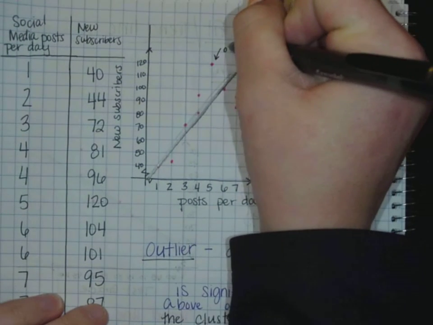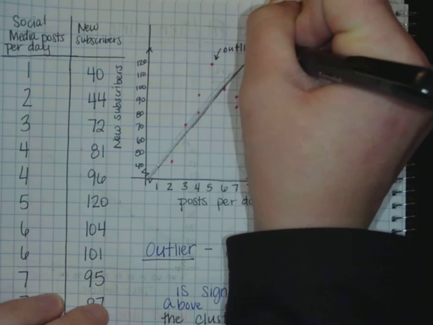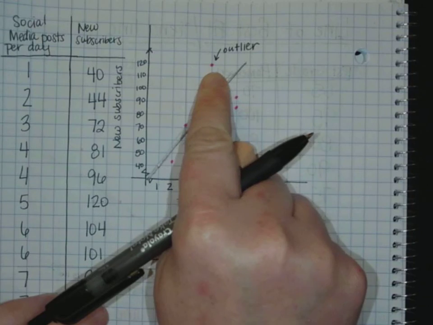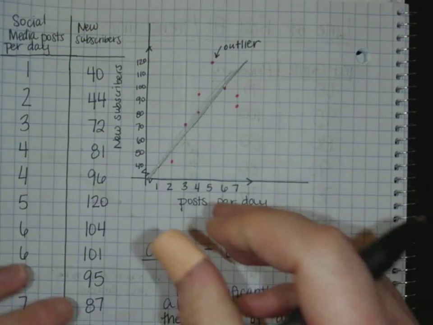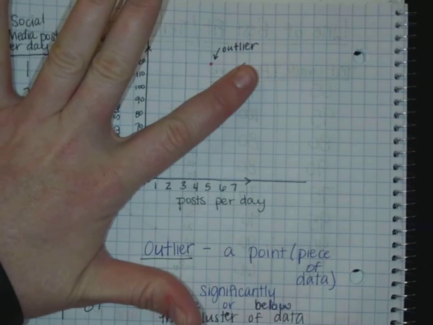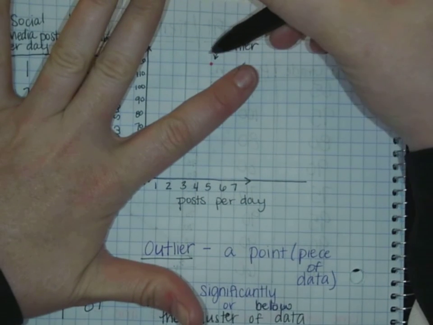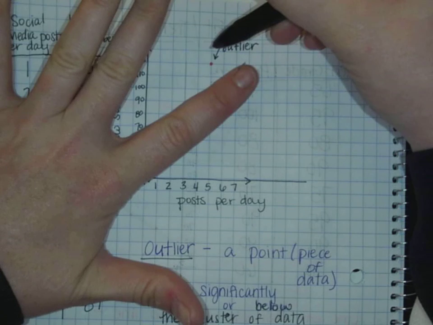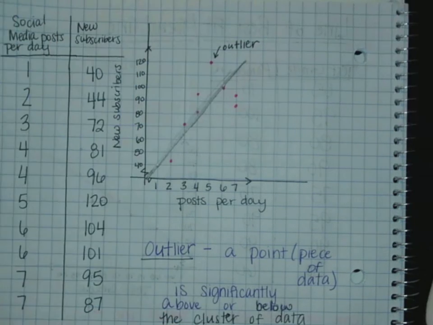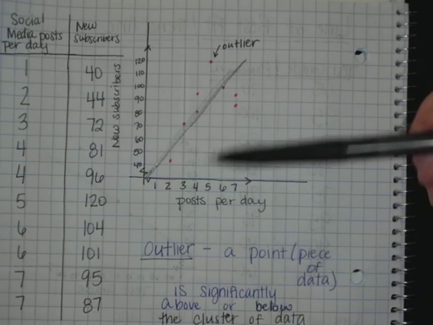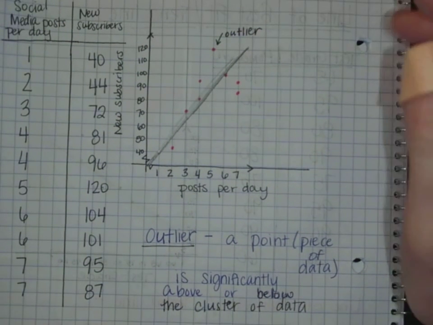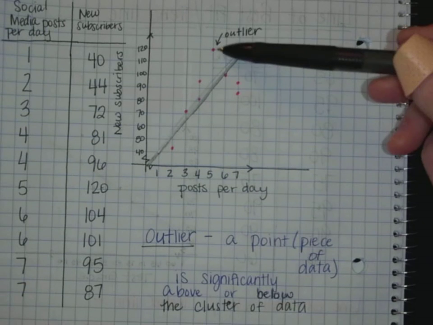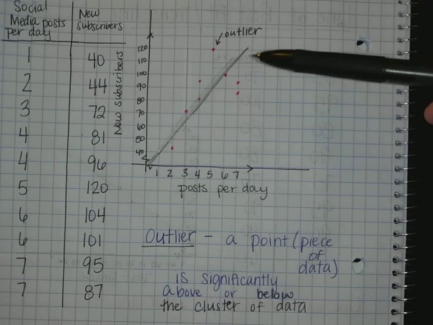That one's an outlier because it's really far above. All of this data is pretty much right here, and then this one is outlying, or quite a ways away from the data. So that's why we call it an outlier. So usually disregard outliers when we're talking about data.